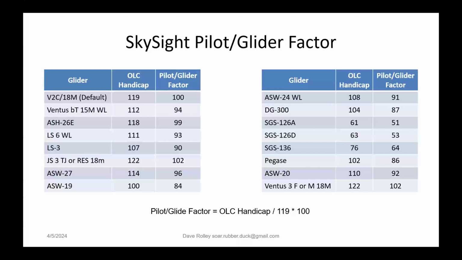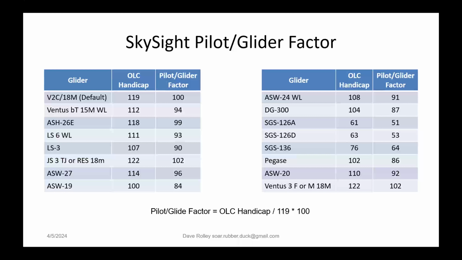So the pilot glide factor: you take the OLC handicap for your plane. I'll use my Ventus for an example. My handicap is 110, 112. I divide that by 119, which is the handicap for the Ventus 2 at 18 meters, because that's the 100, that's the default setting.